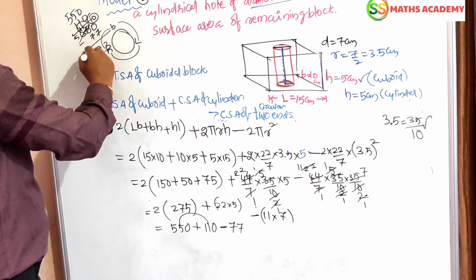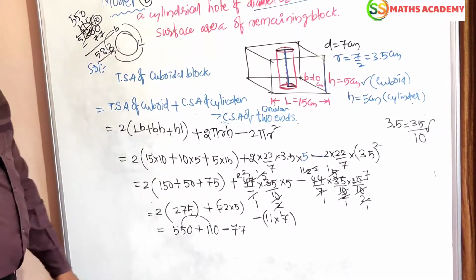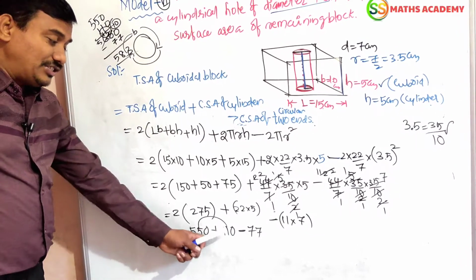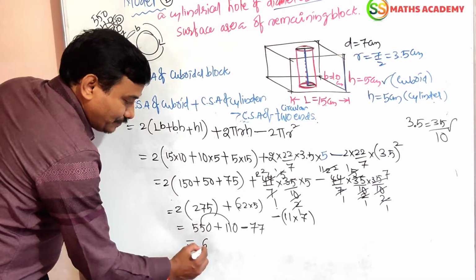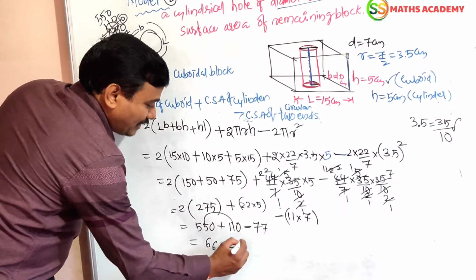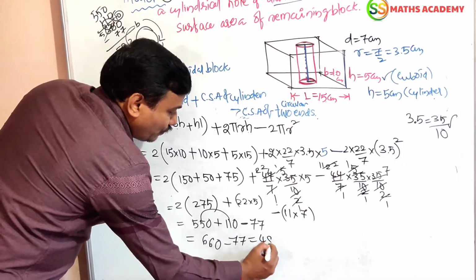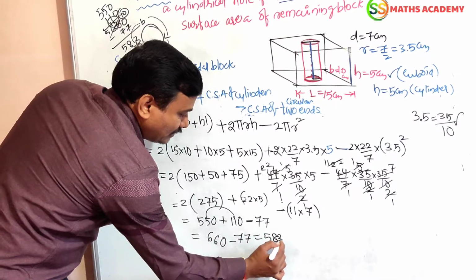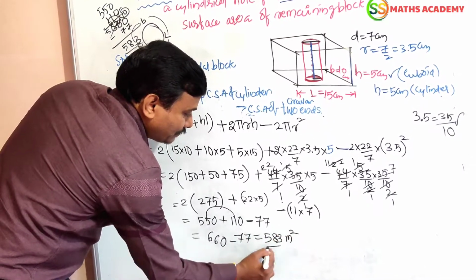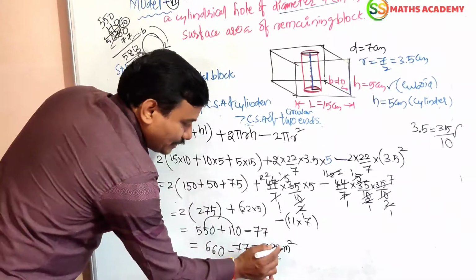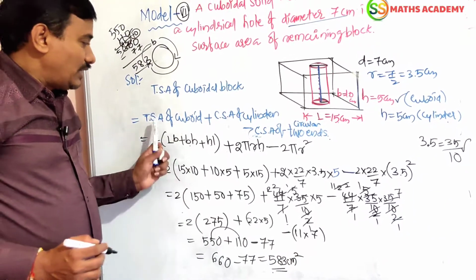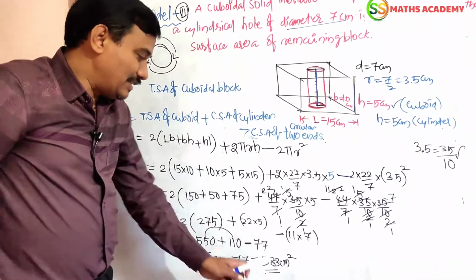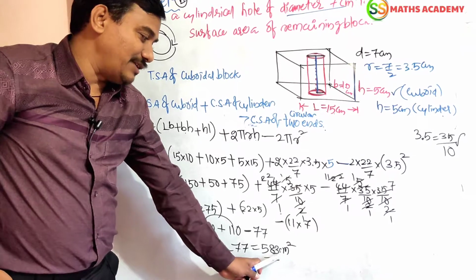Here it will be 583. The sum of these two, 550 plus 110, 660, minus 77, I should get 583 centimeter square, right? The total surface area of the metallic cuboid block is 583 centimeter square.